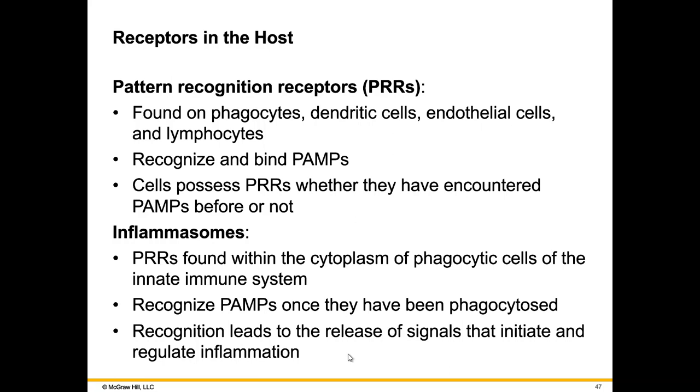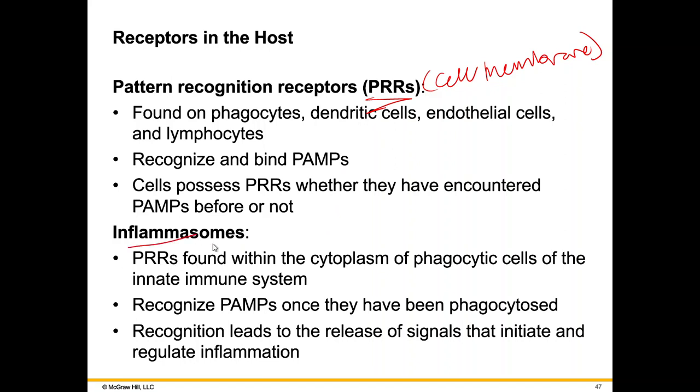Another thing that exists are inflammasomes. These are receptors that are found in the cytoplasm of phagocytic cells. Okay, let's pause for a second. Let's discuss the difference here. The PRRs, remember, those are in the cell membrane. Lots of proteins and sugar protein complexes can exist within the cell membrane.